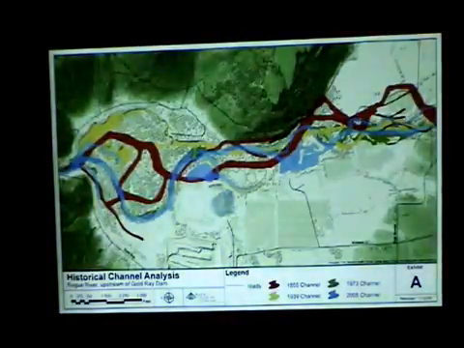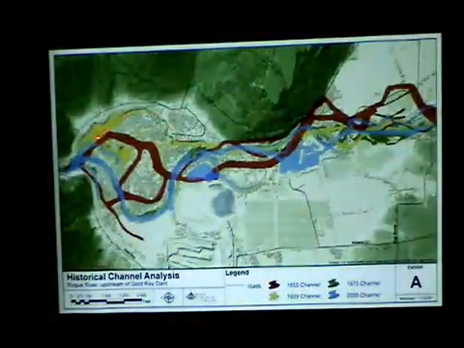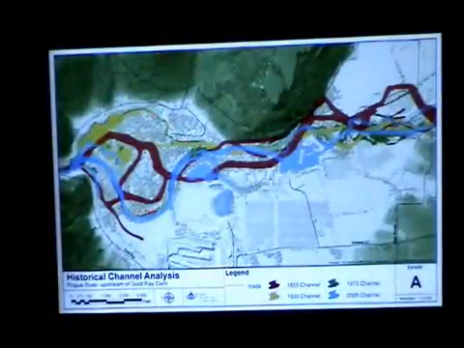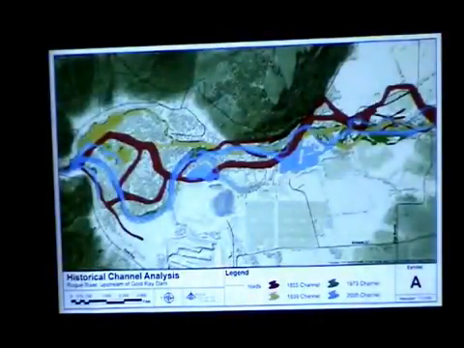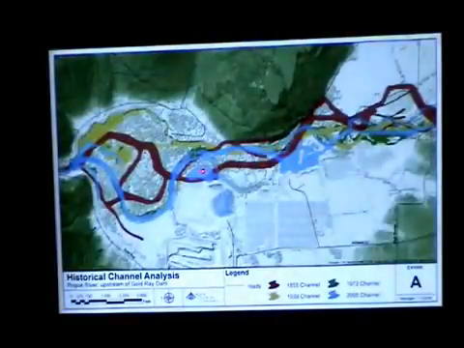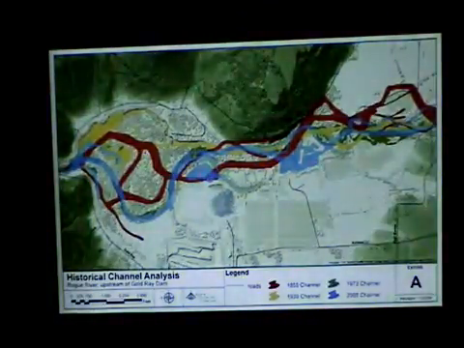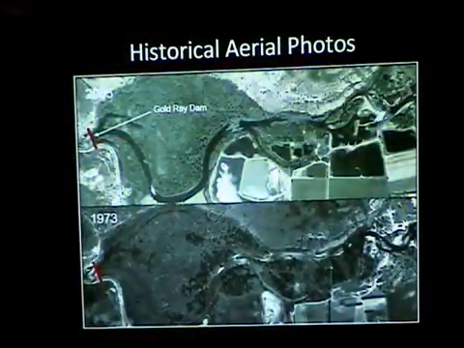But then you've got the 1973 channel, which is underneath there. It's in the green. You can see some green there, and then also this over here as well. And then the 2005 channel is in the blue, which you can see obviously has been expanded out through this gravel pit here. And this one here is actually connected as well, if you're familiar with the site. So that's looking at the historical channel perspective.